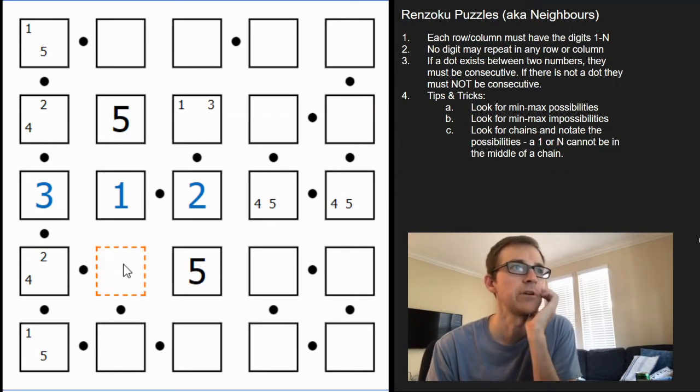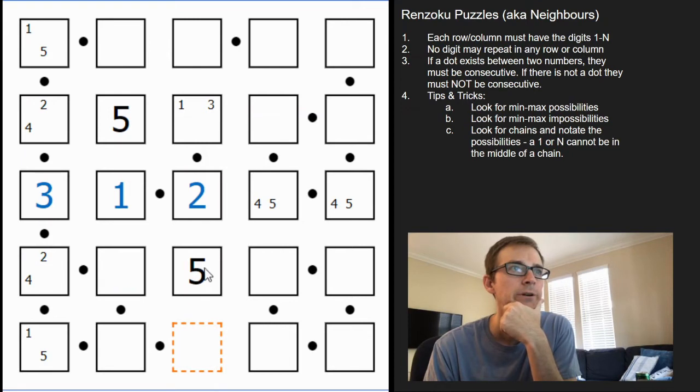This here cannot be a 4. Well, that's not helpful. This number, so I'm looking at the numbers that are adjacent to the 5, knowing that it's got to be a non-consecutive number. So this can't be a 4 or a 2, so it's either got to be a 1 or 3.